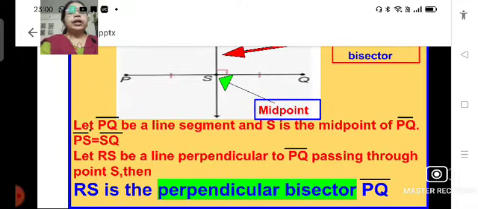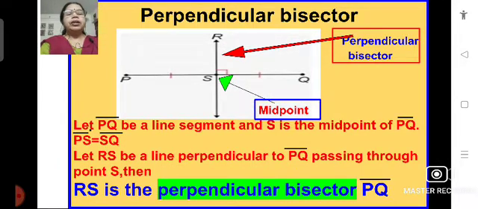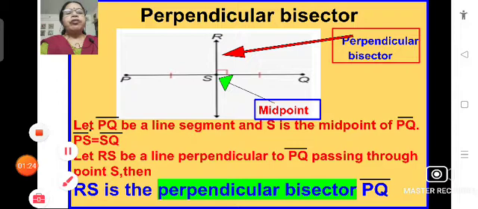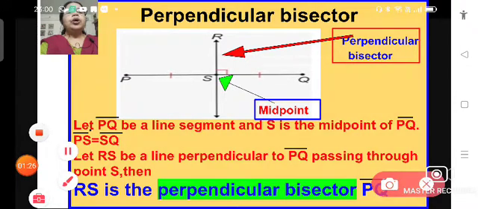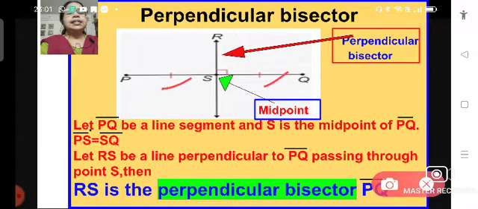Now let's see what a perpendicular bisector is. Children, let's consider a line segment PQ and S as the midpoint of PQ. So PS is equal to SQ, isn't it? Because S is the midpoint. Now let's consider a line RS which is passing through midpoint S and which is perpendicular to PQ.